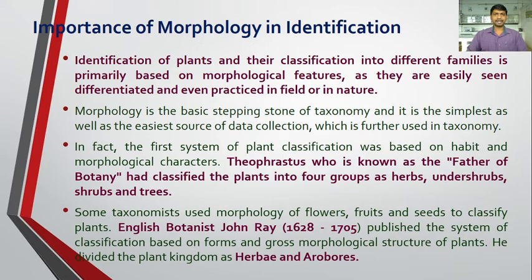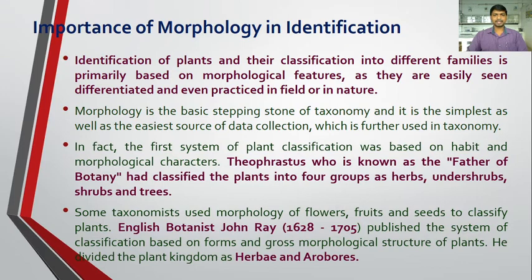So this is the way of classification which is based on the gross morphological characters, features or the structures of the plant. So morphology has a great importance in the identification of the plant. The identification of the plant is carried out on the basis of the knowledge of morphological features or the characters. So morphology is the basic stepping stone of taxonomy that comprises identification, nomenclature and the classification of the plant.